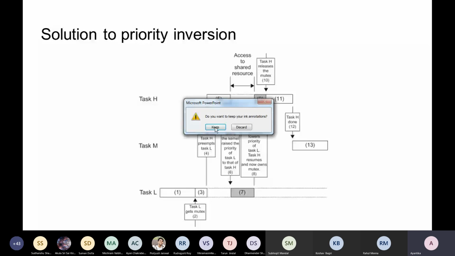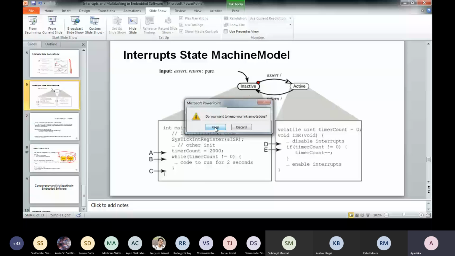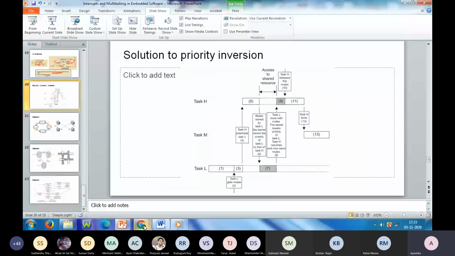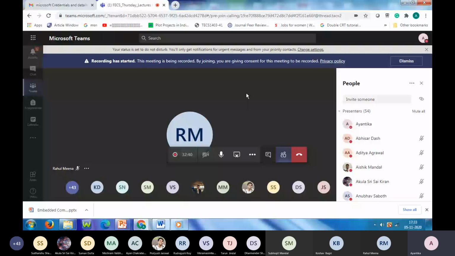That's all. I think it's already 5:30. Is there any question? See, you go through this part. I think Banibrata already joined. Banibrata, are you here?